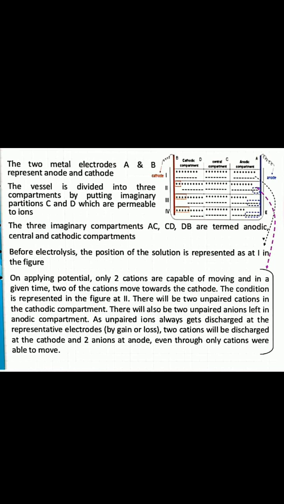As unpaired ions always get discharged at the respective electrode, either by loss of electron or by gain of electron, 2 cations will be discharged at the cathode by taking an electron, and 2 anions will be discharged at the anode by giving their electrons, even though only cations are able to move.